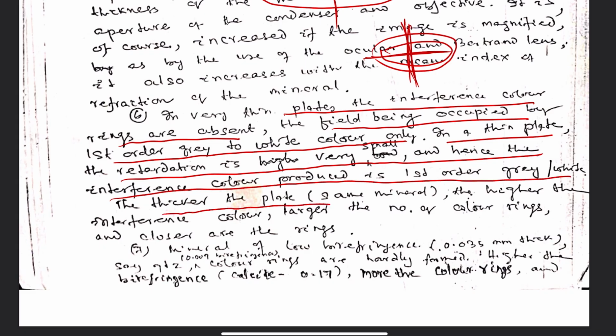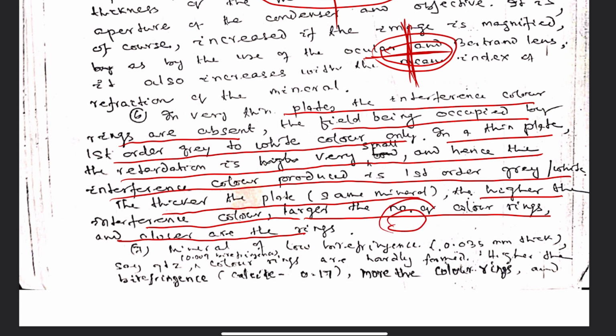If it is thicker, same mineral, the higher order interference color will be seen, and more number of color rings will be produced, and the rings are found to be closely spaced. Closer are the rings, number of rings are more, and the rings are closer to each other when the thickness is more.